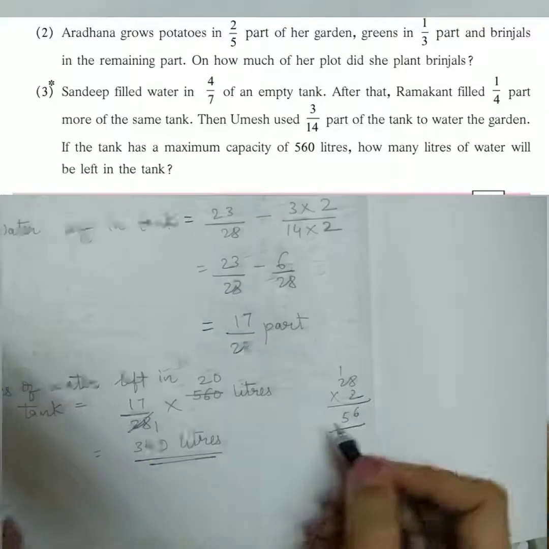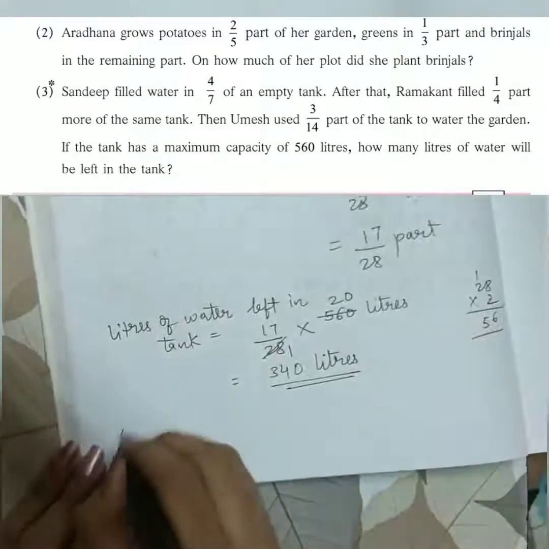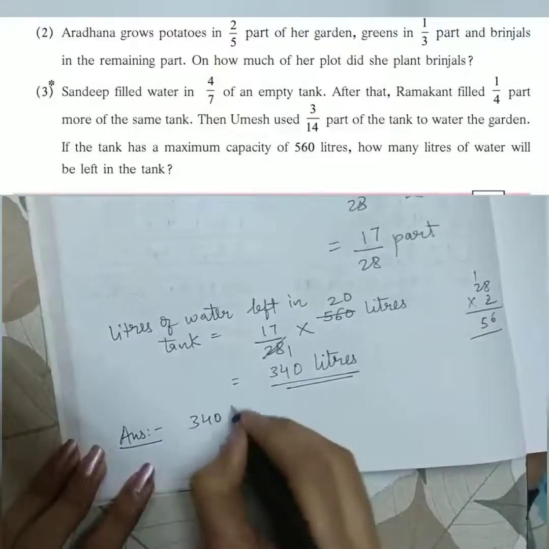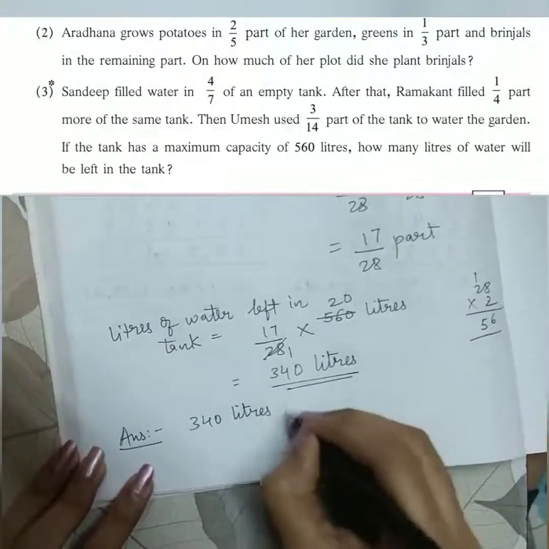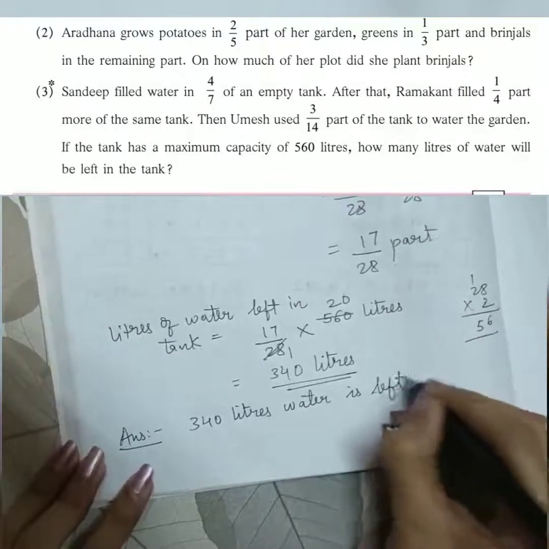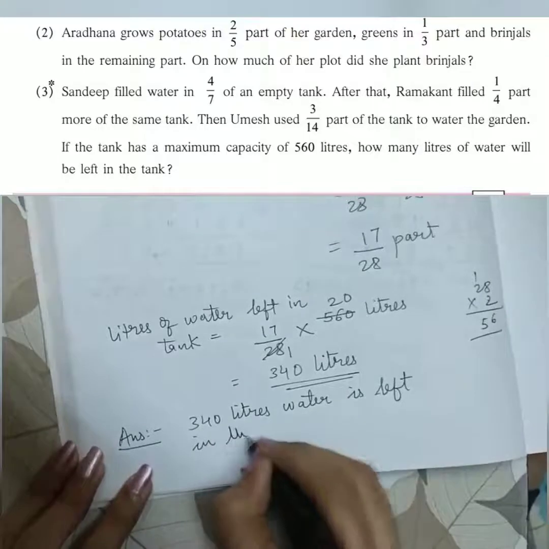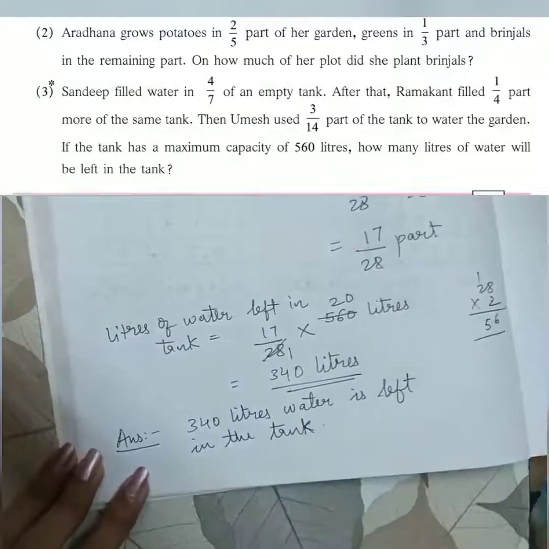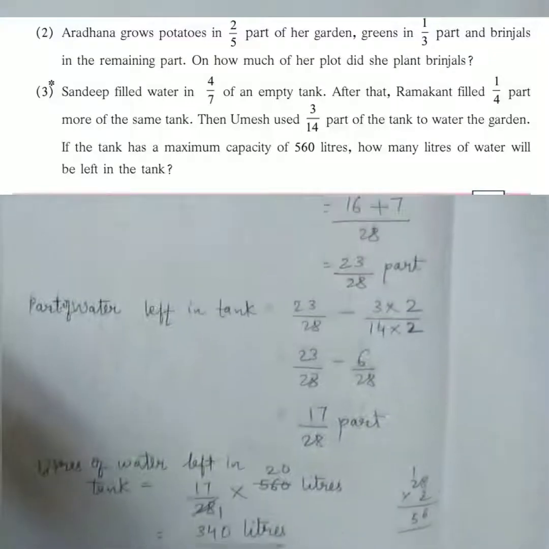So how much water is left? 340 liters. 340 liters of water is left in the tank. So this is our answer.